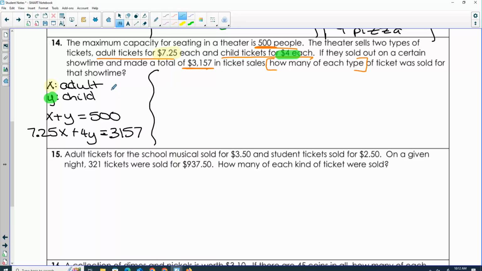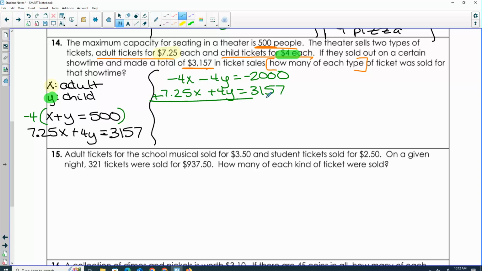What do you want to eliminate? Y. So we could take the first equation times -4. So negative 4x minus 4y equals negative 2,000. And 7.25x plus 4y equals 3,157. Add them together, so negative 4 plus 7.25 is 3.25.